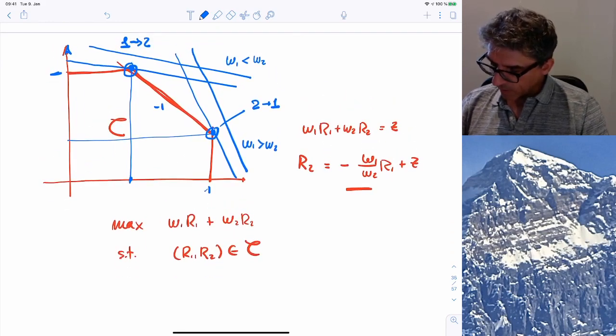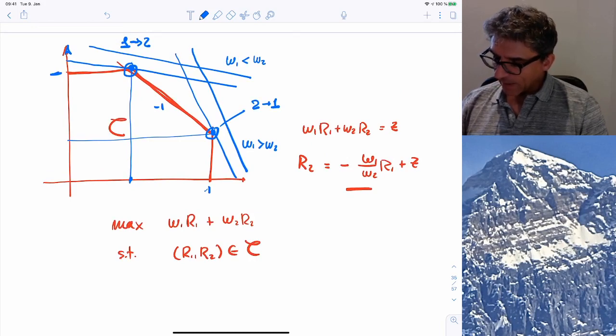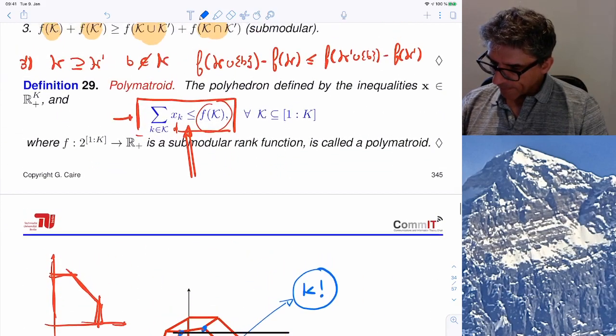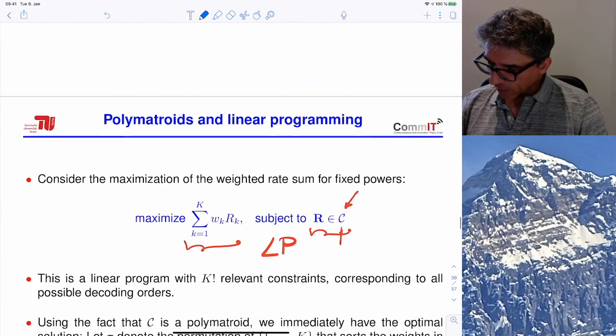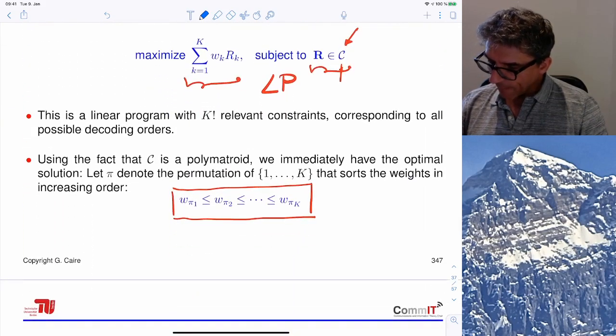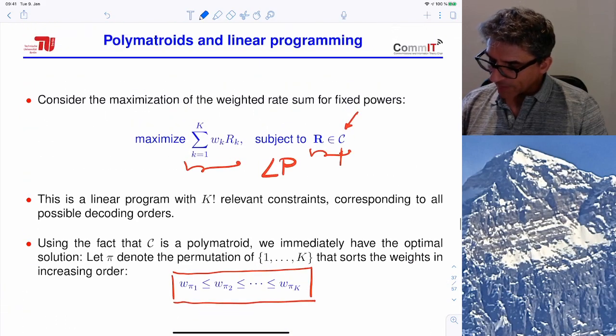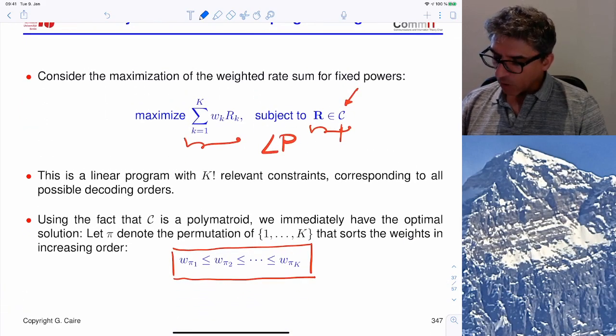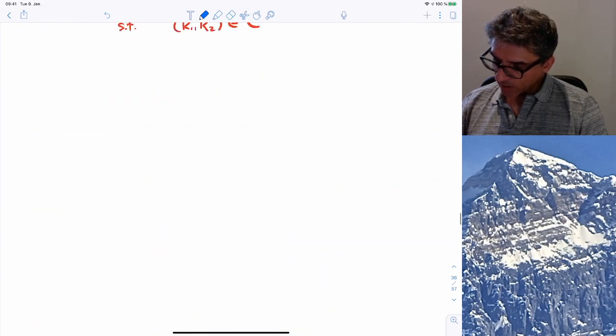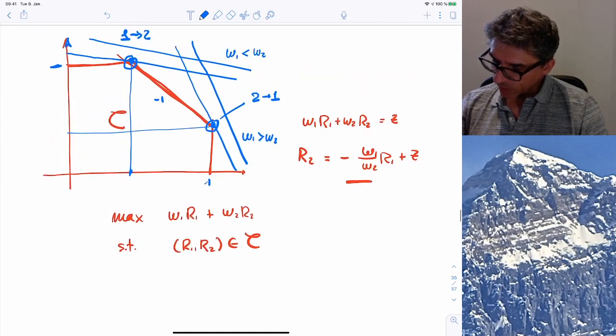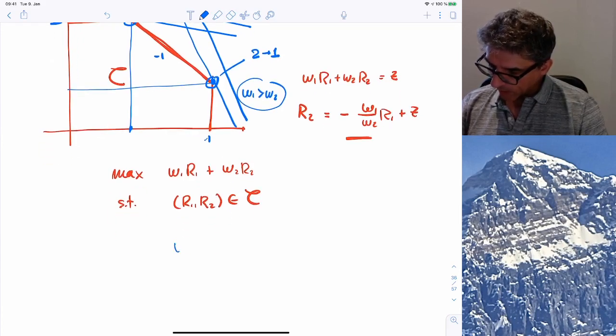We see that if we sort the weights in increasing order, and then we start decoding in the order of the sorting permutation. For example, in this case we have W2 less than W1.